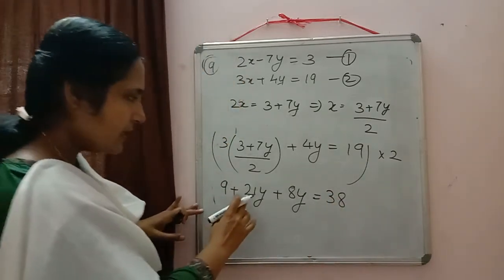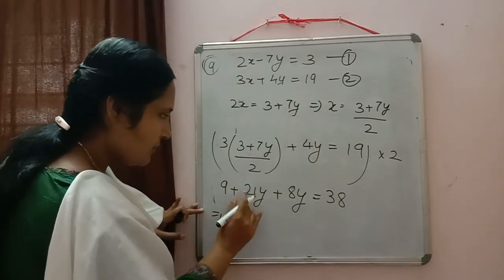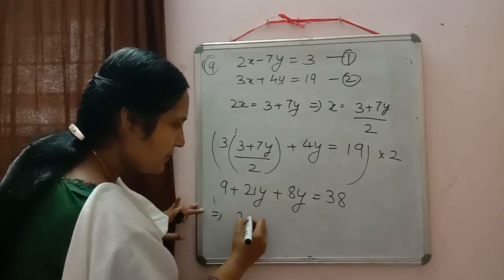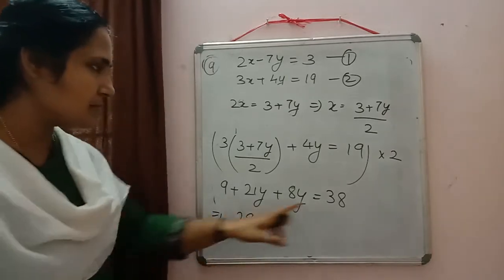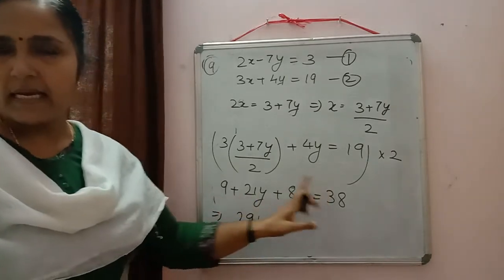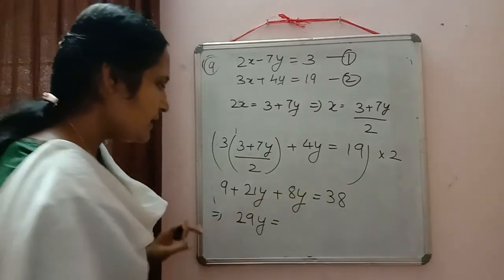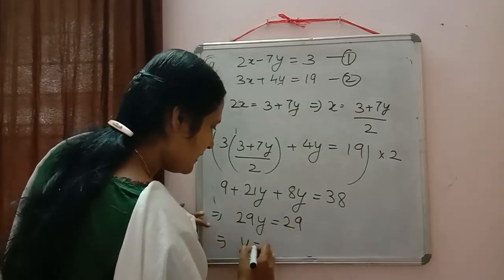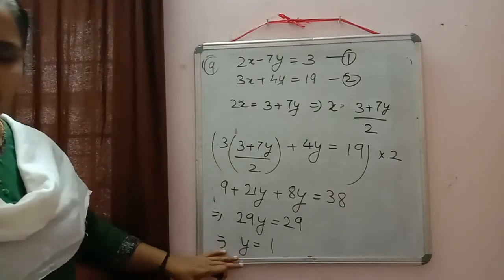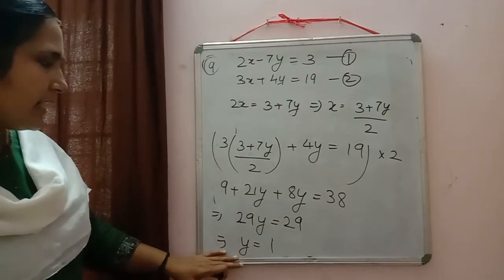So 21 plus 8 is 29. 29y is equal to 38 minus 9. So 38 minus 9 is 29. So we are getting y is equal to 1. So we got the value of y as 1.